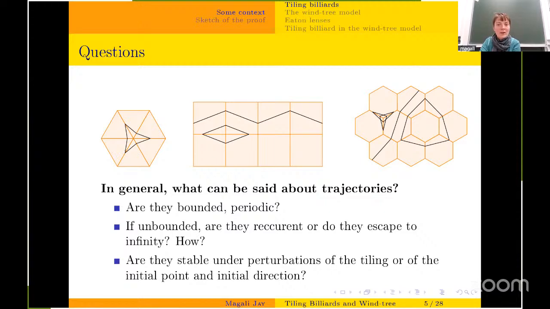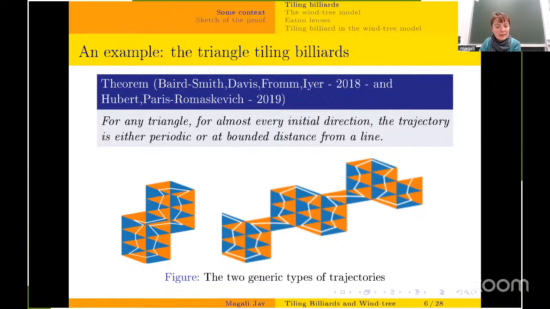So this was the definition of the tiling billiard. One case that has been studied is the triangle tiling billiard. You choose any triangle, for example this blue triangle, and you rotate it by half a turn. You get the orange triangle, and together they form a quadrilateral.